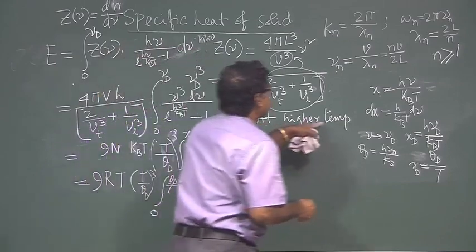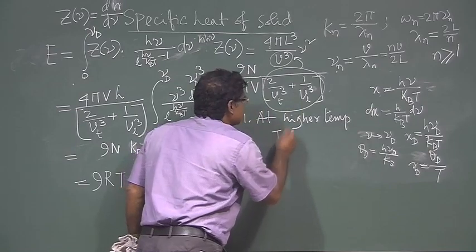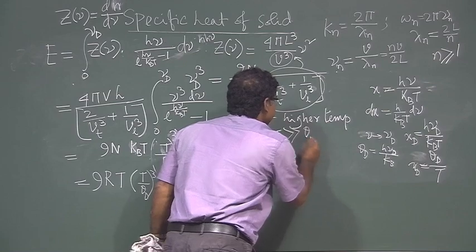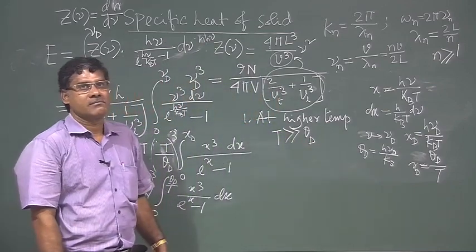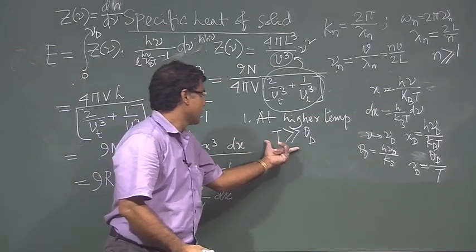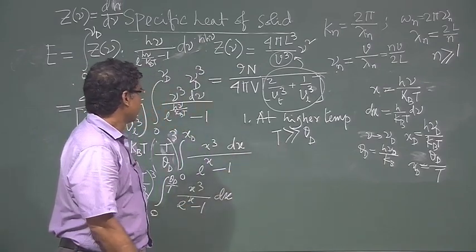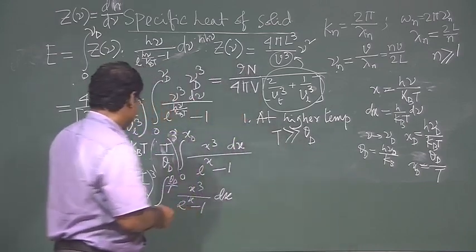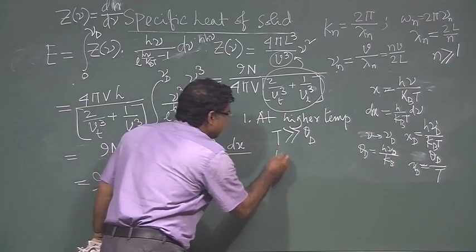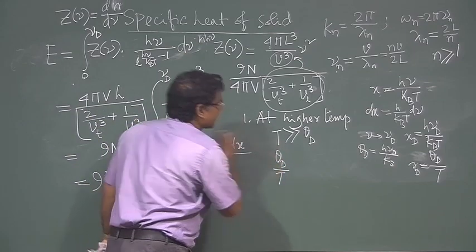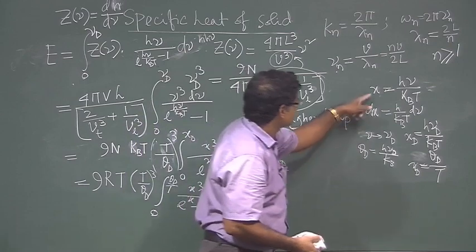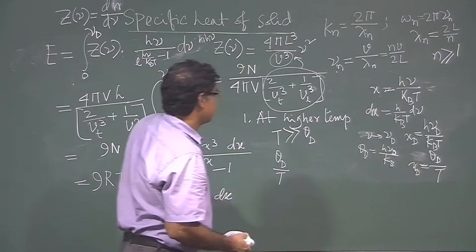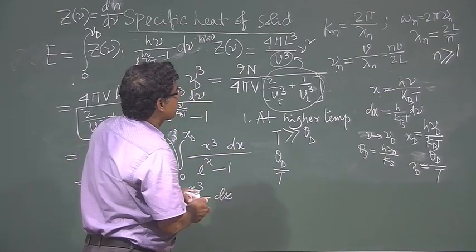So, here higher temperature means temperature is very much greater than theta d. Okay. So, then one can find out that theta d by t is nothing but x d, theta d by t, that is x t.